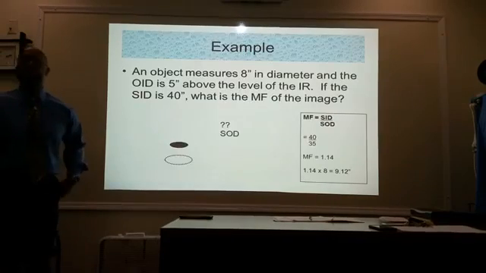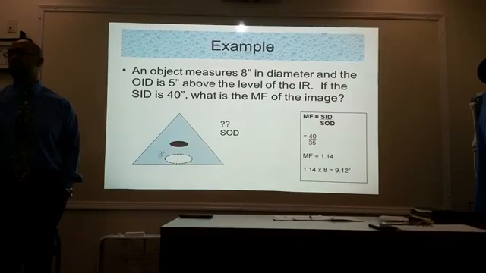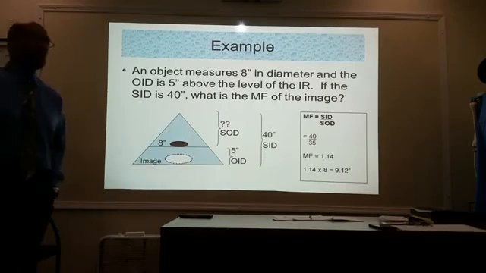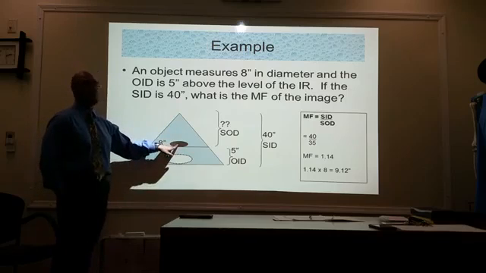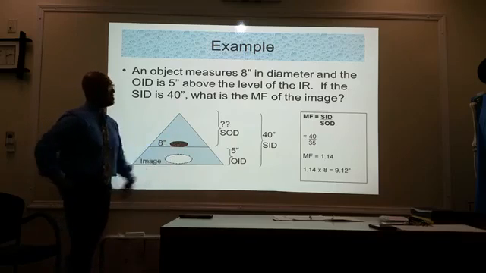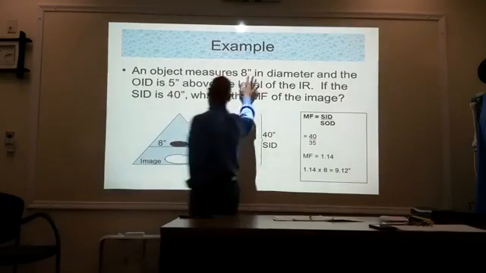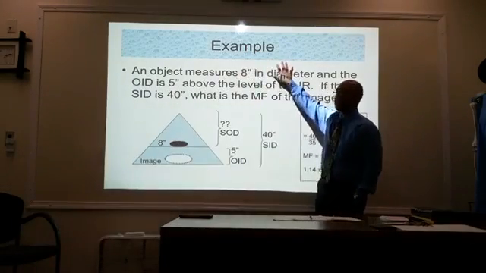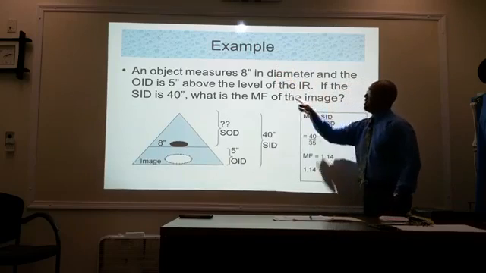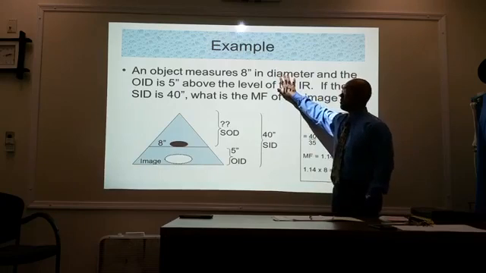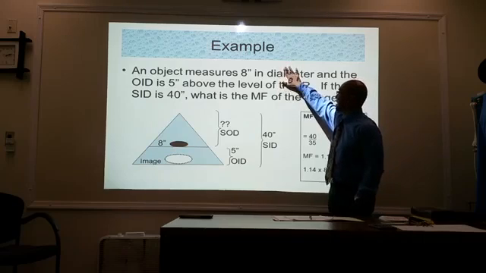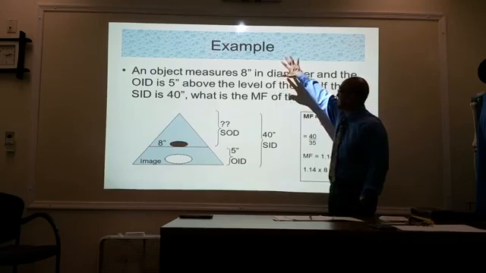So here's an example. An object measures 8 inches in diameter. Here is my object, it's 8 inches. So let's just say we're talking about my hand. The diameter of my hand is 8 inches. And the OID, the distance from my hand to the image receptor, is going to be 5 inches, which means my hand is 5 inches away from the image receptor.